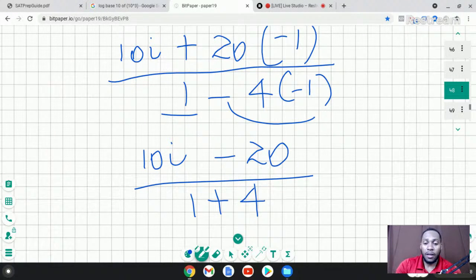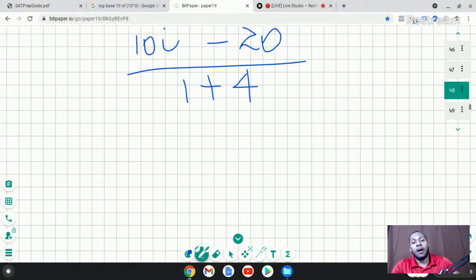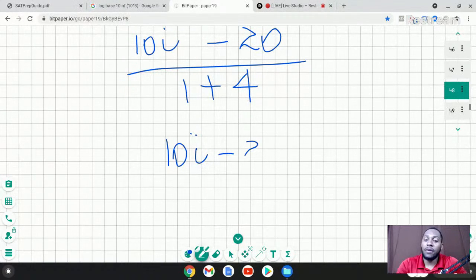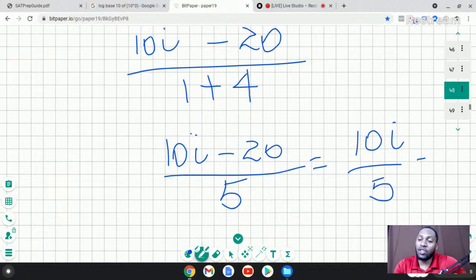Now let's continue again. 10i minus 20 divided by 1 plus 4 is 5, correct? So now what can we do? It's the same thing as saying 10i divided by 5 minus 20 divided by 5, correct?